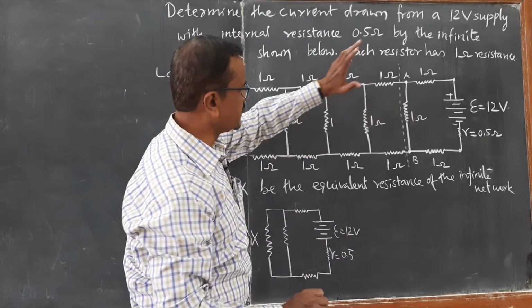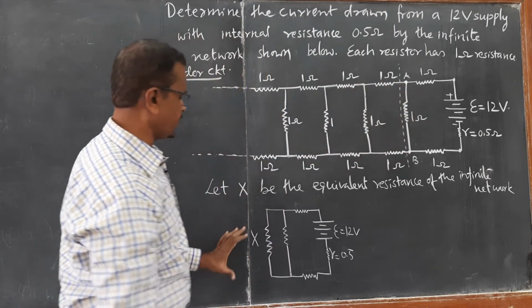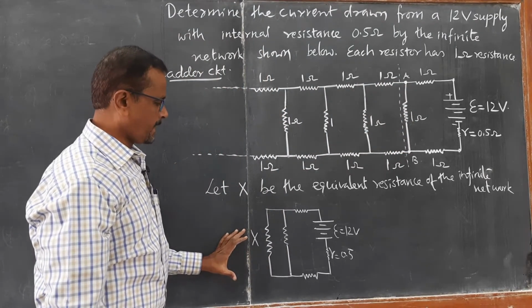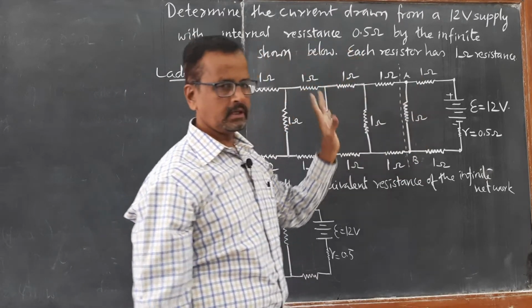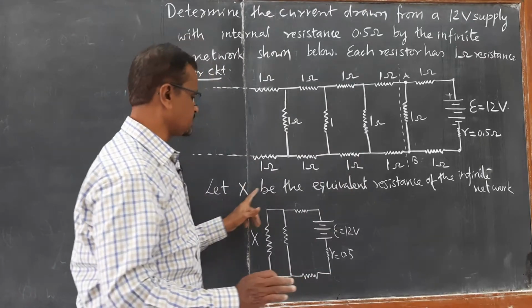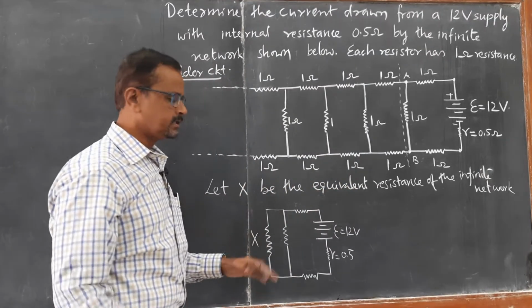Same thing, you can imagine these are the two terminals A and B. From here to here I have taken X, and this is the remaining pattern. Altogether it is X itself. Let X be the equivalent resistance of the entire infinite network.